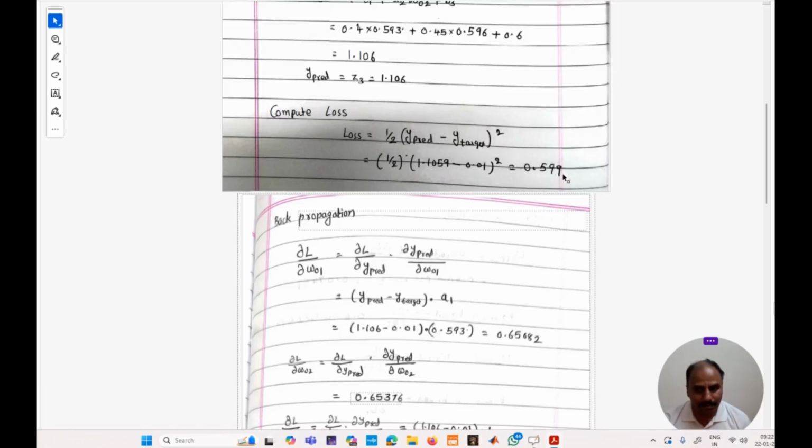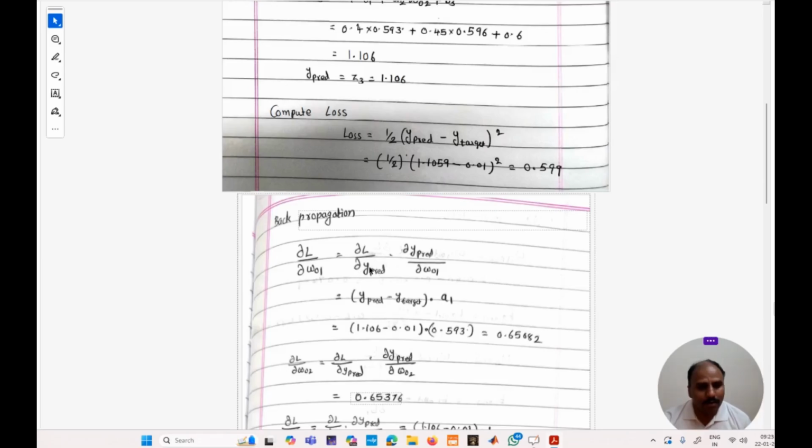So we need to modify this derivative to some extent to get the proper result. So I have modified it like this: dou L by dou y predict, because y target we cannot change, only y predict can be differentiated.